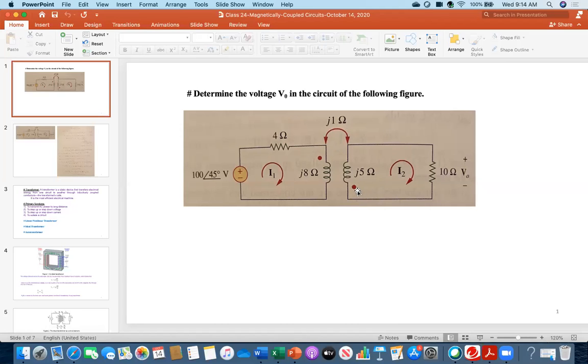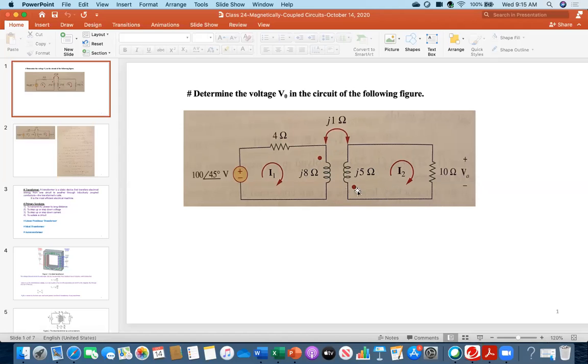But for example, if this dot would be here, just as an example, then the mutual voltage would be subtracted. Because then I2 is initially not entering at the dotted terminal, you would say I2 is leaving the dotted terminal.